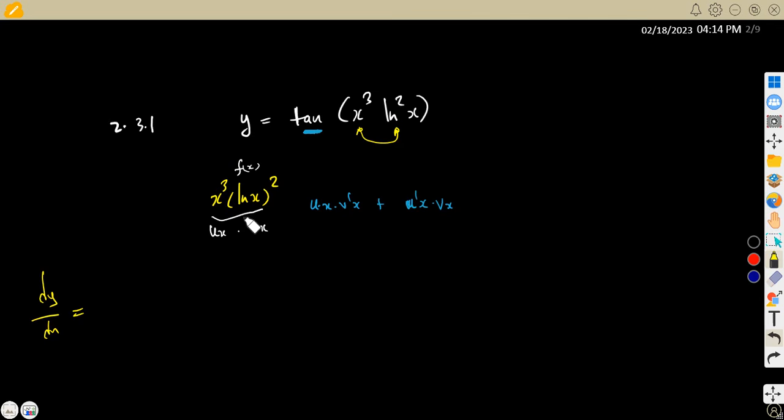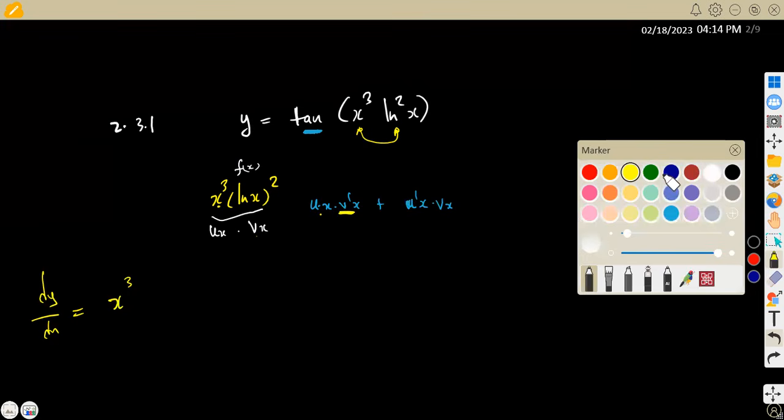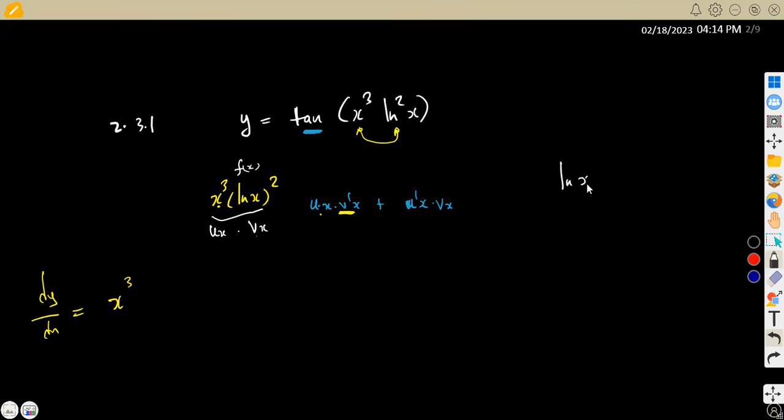So in this case, we have u(x), which is x to the exponent of 3. Then we move on to the derivative of v, where our v is ln x squared.